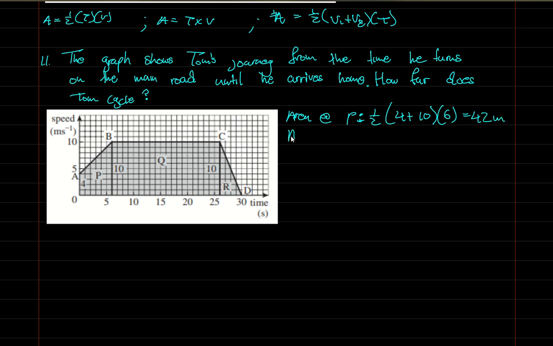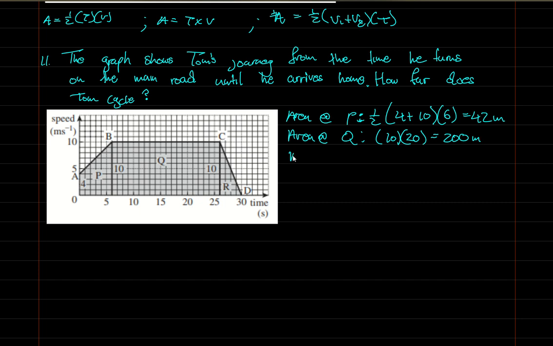And now we want to know the area at Q. Q is simply a square, which means it's just going to be the base times the height, which is 10 multiplied by 20 units, which is going to give us 200 meters.